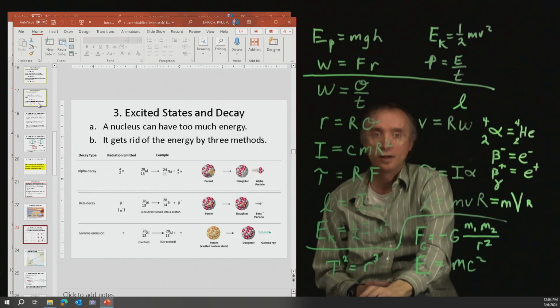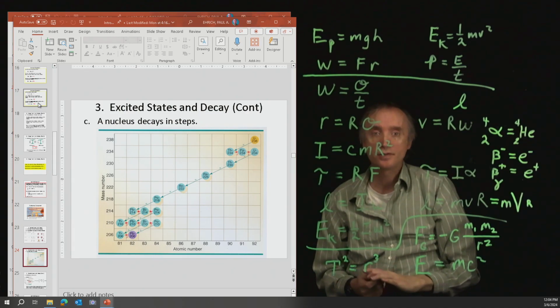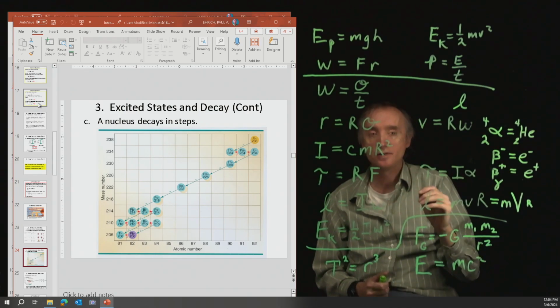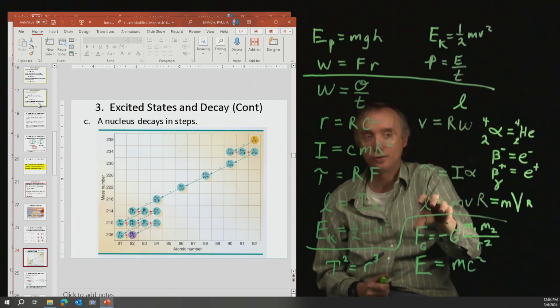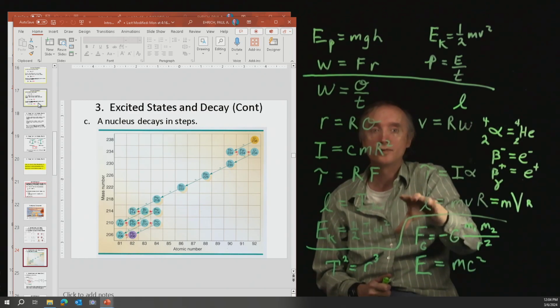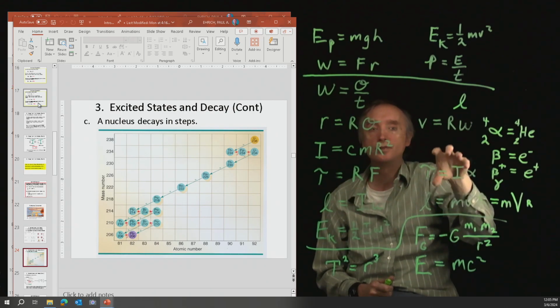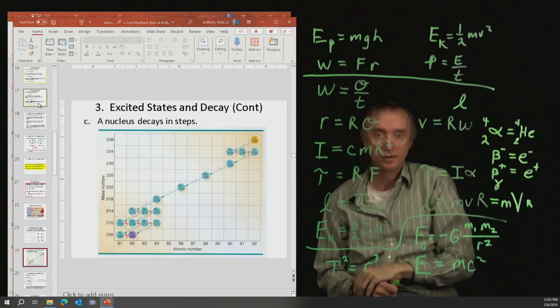I also would like for you to know that a nucleus, as it decays, normally turns into another nucleus, which is also radioactive. Then that nucleus undergoes a decay and turns into another nucleus. This is called a decay series.